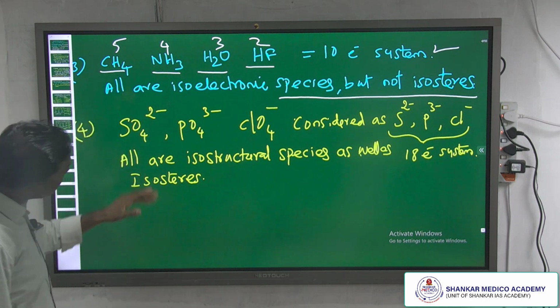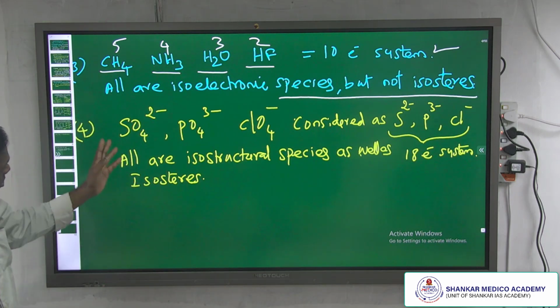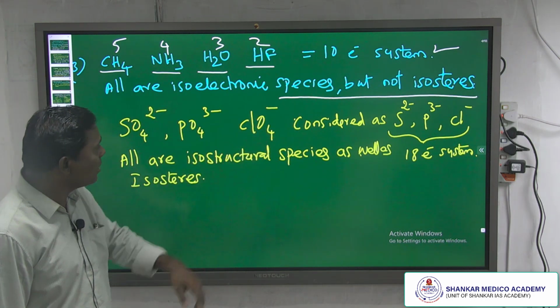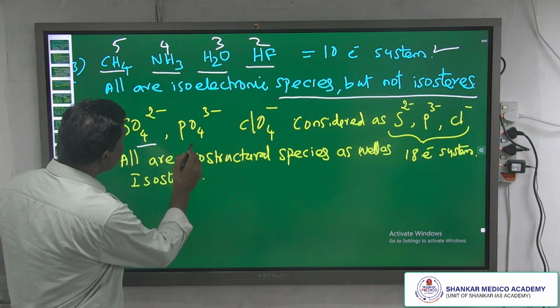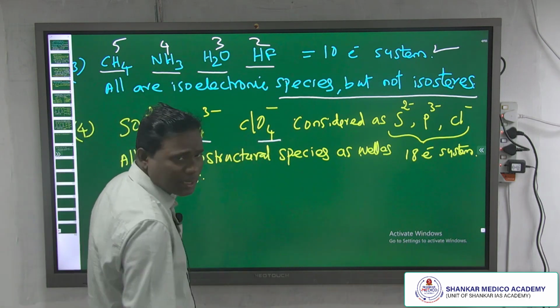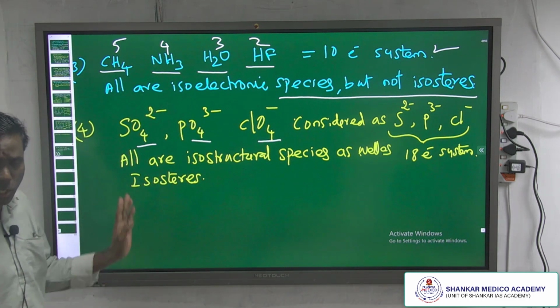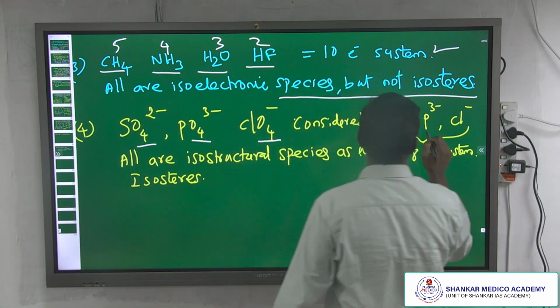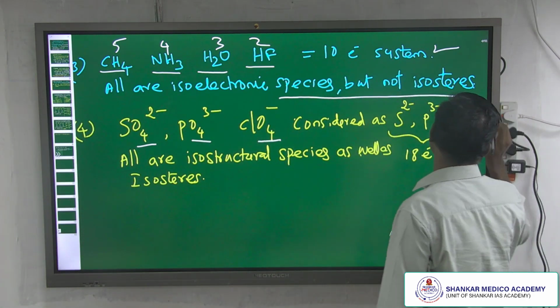And coming to the next point: sulfate, PO4 phosphate, and perchlorate ion. These 3 species have 4 oxygen atoms as a common atom, just remove it and you can take it as S2 minus, P3 minus and Cl minus.